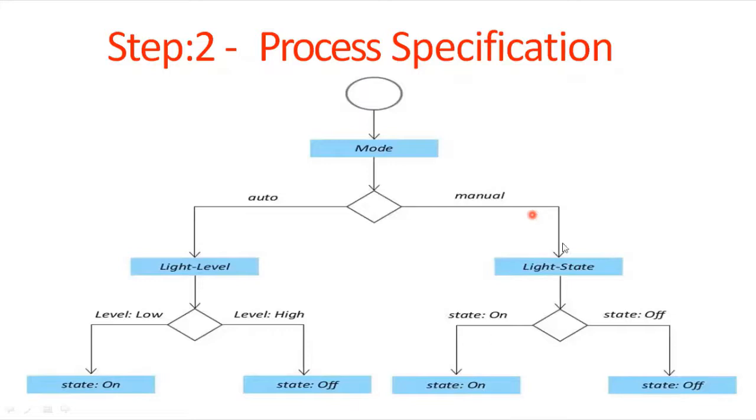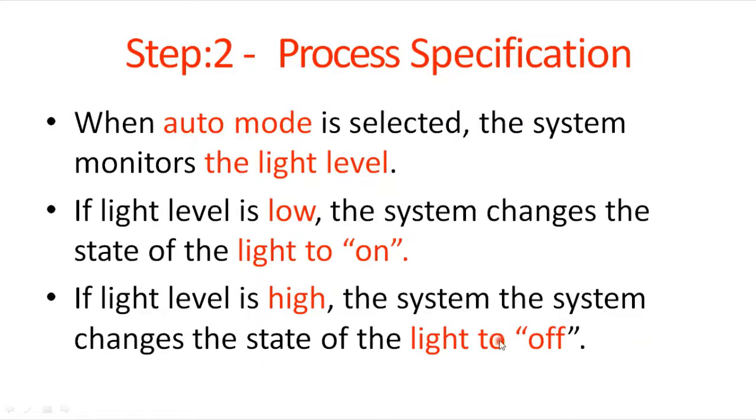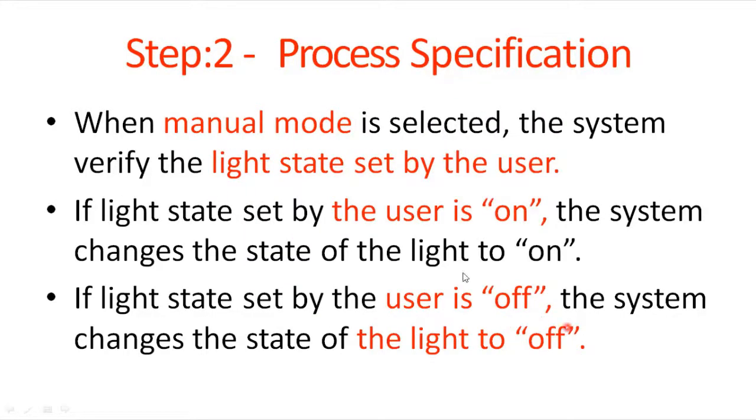If the light state set by the user is off, the state of the room is also off. In this way, you represent the specification for this particular home automation system, the smart lighting system of a room. So for that application, you will do this.